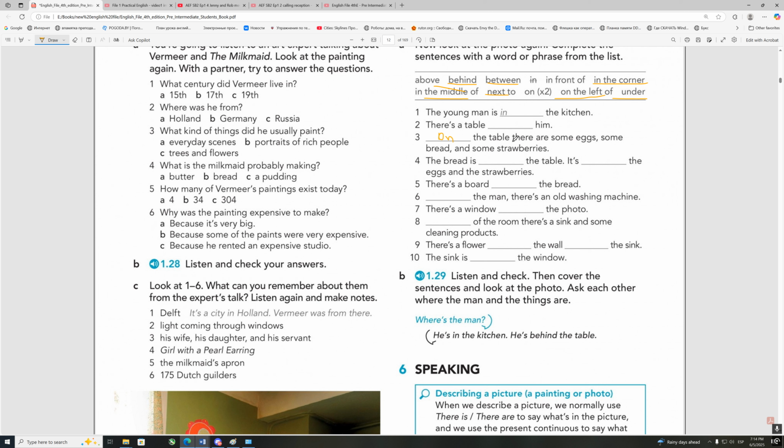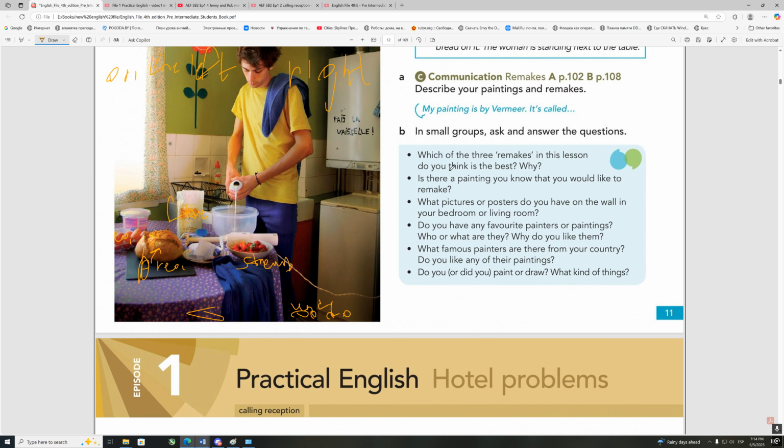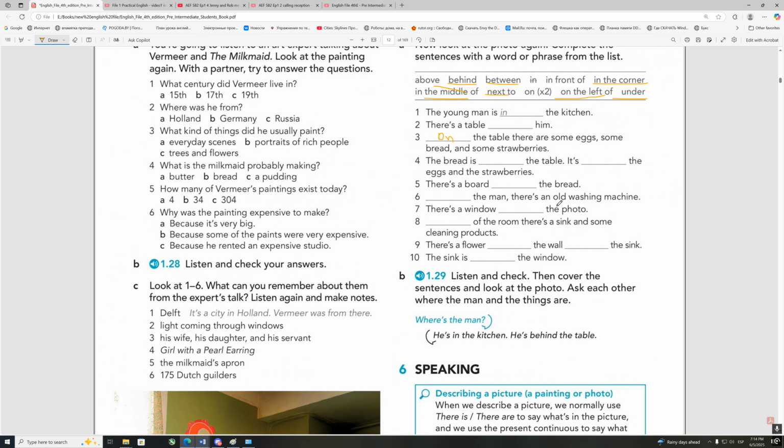What will be number 4? You see two options. You see two goods, eggs and strawberries. Two types of food. So this is eggs. Between. Yeah, between. Very good. It's between eggs.